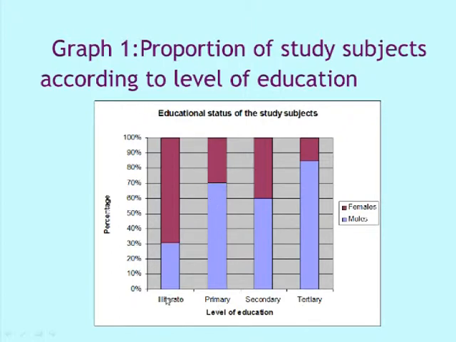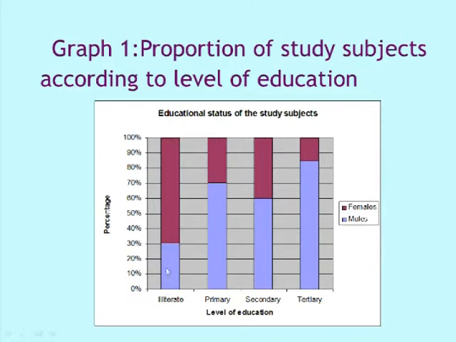So for example, in the illiterate category, we can see that 30% were males, whereas 70% were females. Now in this kind of bar chart, which is also known as a stacked bar chart, each individual bar will make up 100%, as you can see here, because the males and females taken together should contribute to 100%.